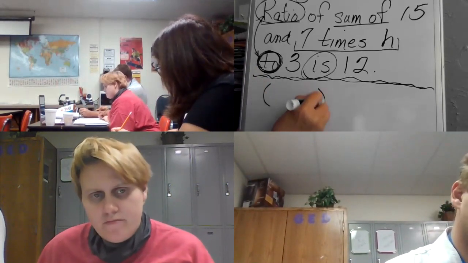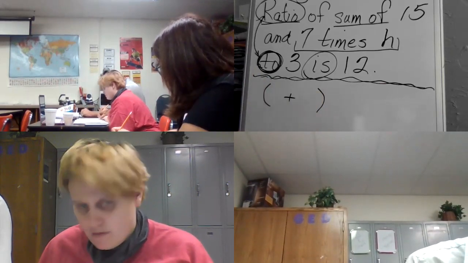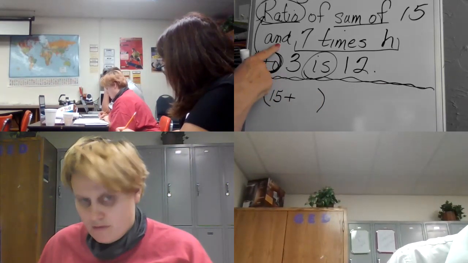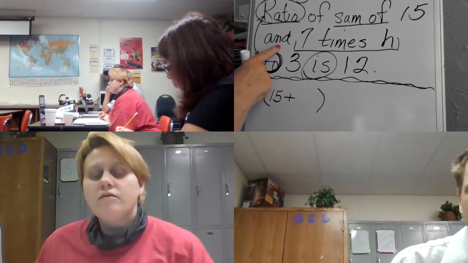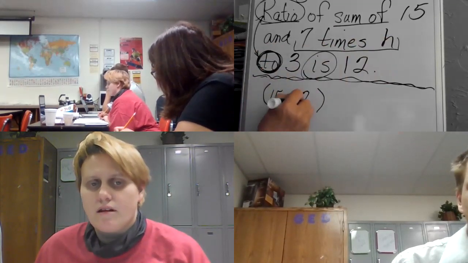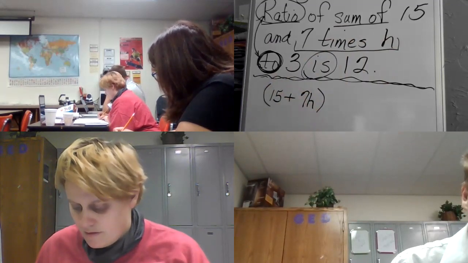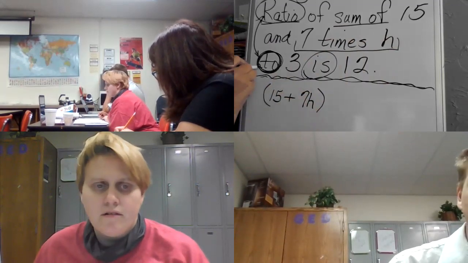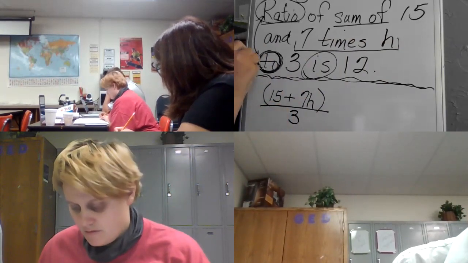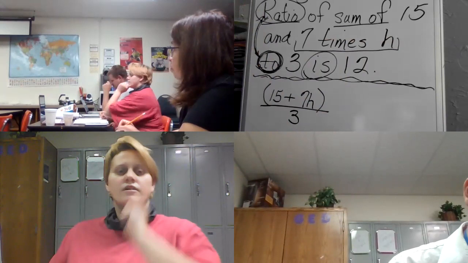That means we're going to have a divide of the sum of 15, and then we hit the and, which tells us we're going to have the other piece right here, 7 times h. And then the 2 tells us it's time to go at the bottom. 3, because ratio and 2 kind of go together, is 12.